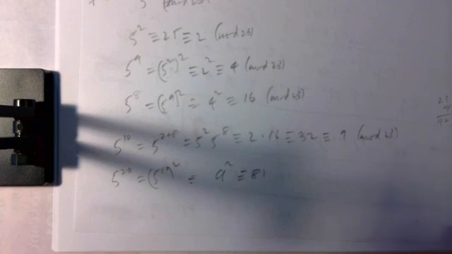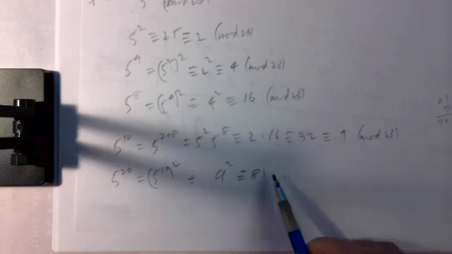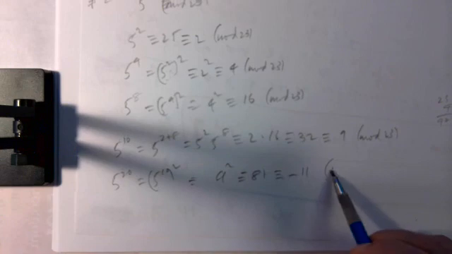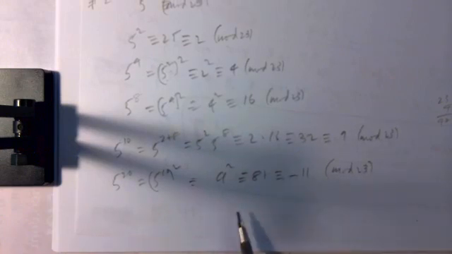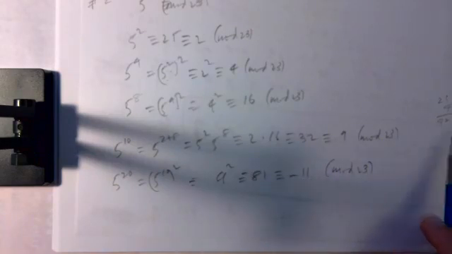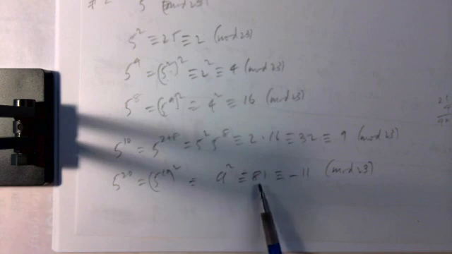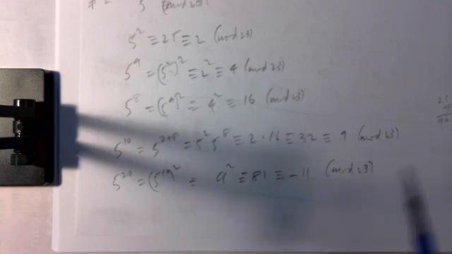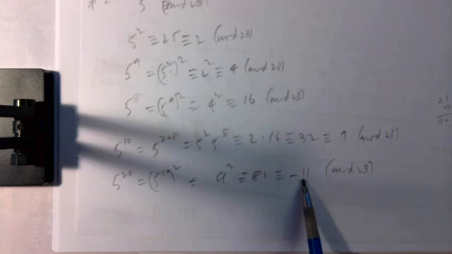So this is congruent to minus 11 mod 23, because 81 plus 11 is 92, and 92 is 4 times 23.